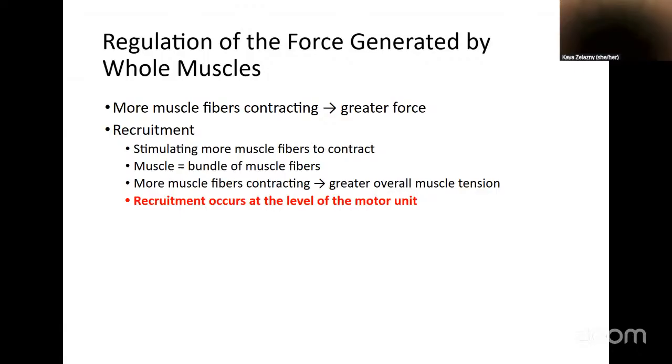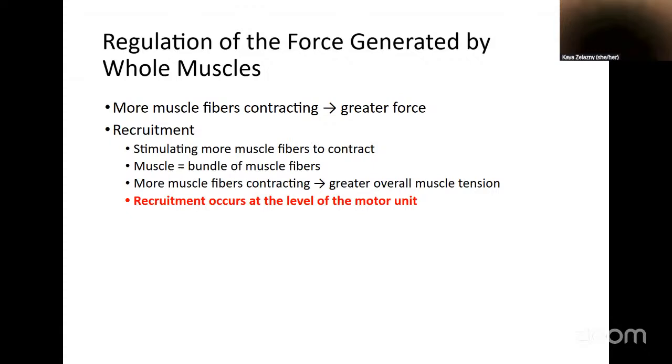So we have this concept of recruitment. In recruitment, we ramp up how many muscle fibers are contracting in order to meet the demands of the exercise we're trying to do.